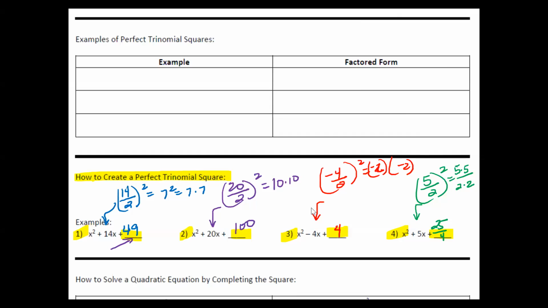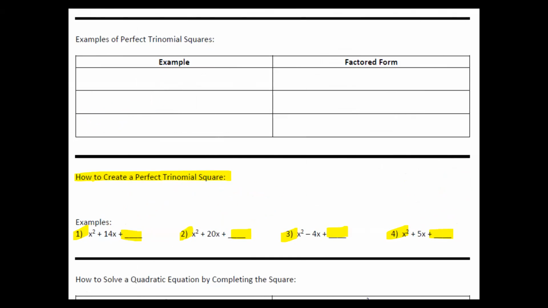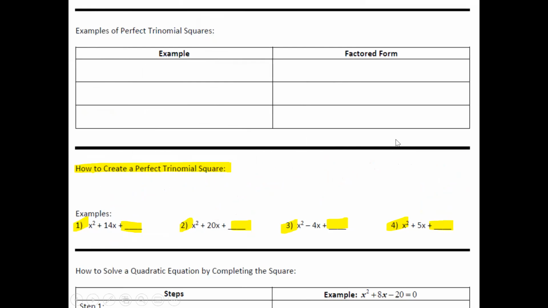All right, let's go ahead and take a look at this. I'm going to go ahead and turn that down a little bit. Okay, so how did I go ahead and create perfect trinomials? Remember to take the middle number, which is 14, divide by 2, and then square it, which gives you 7 squared, and that is going to be 49.